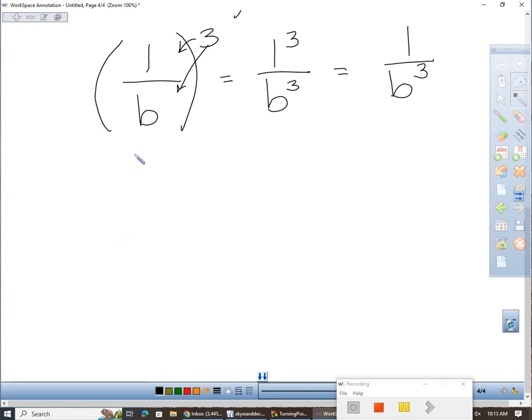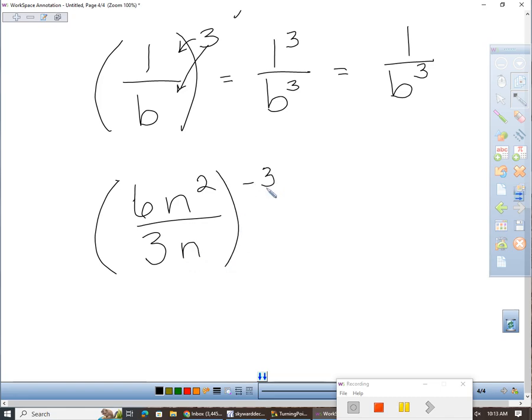Okay, trying. I was trying. 6n squared over, so let's go with 3n to the negative 3. Well, that looks like fun, doesn't it? So we can do this one of 2 ways.